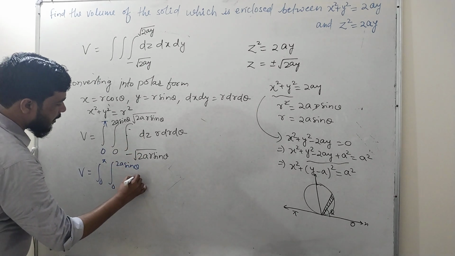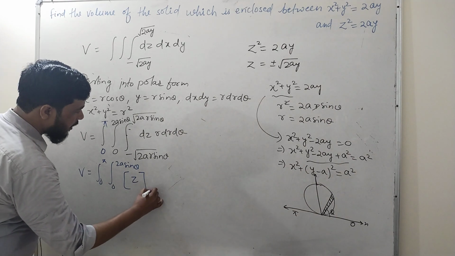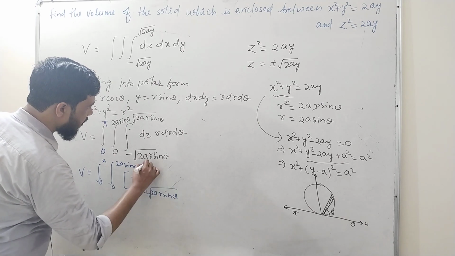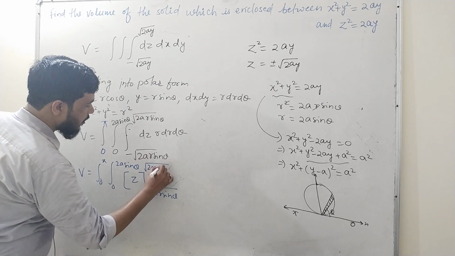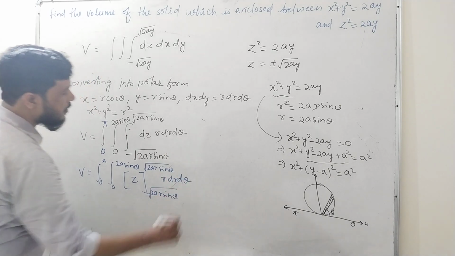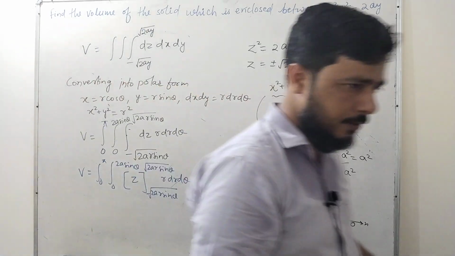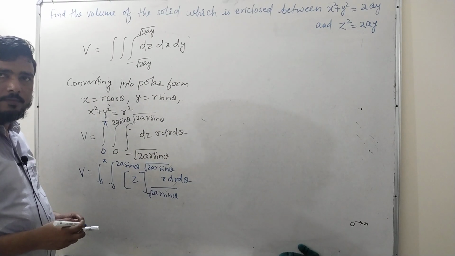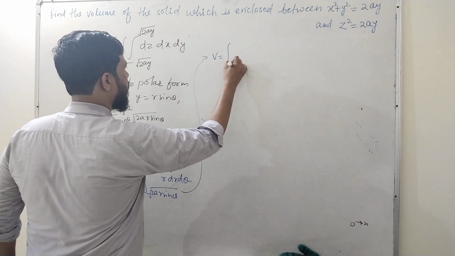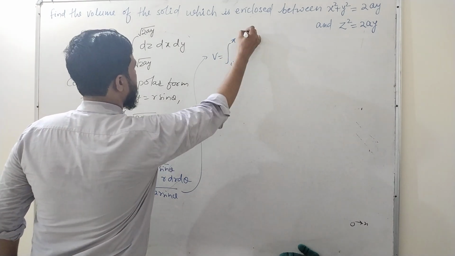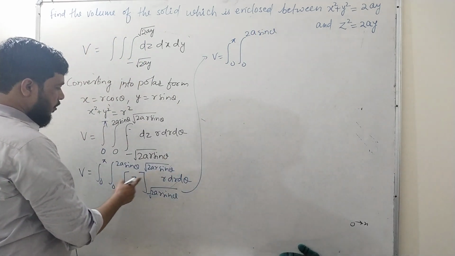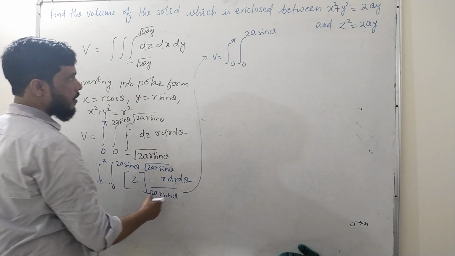The integration of dz is z, with lower limit −√(2a r sin θ) and upper limit √(2a r sin θ), times r dr dθ, with θ from 0 to π and r from 0 to 2a sin θ.